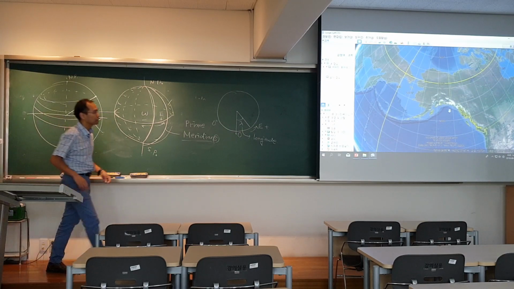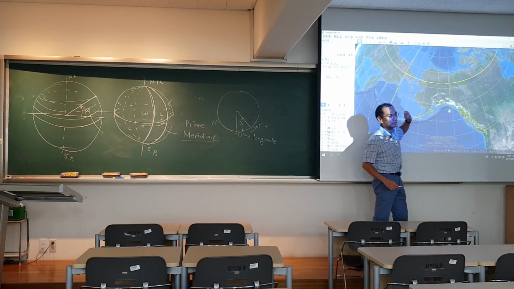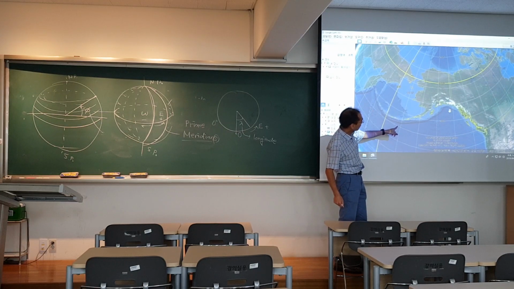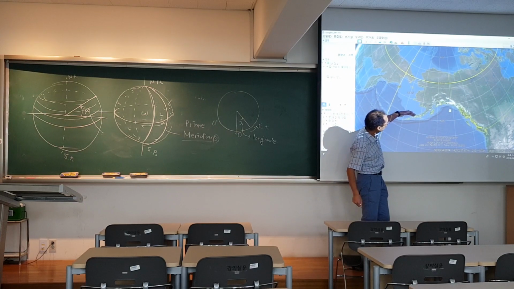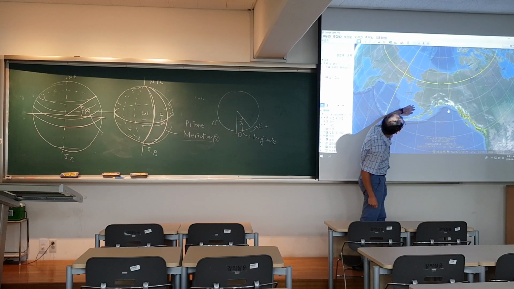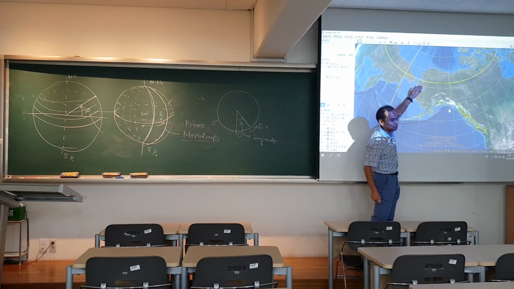So this part, this is Alaska of US. Actually, you can see it's about 60, let's see, 70, 65, 60 degree north and a little bit above.